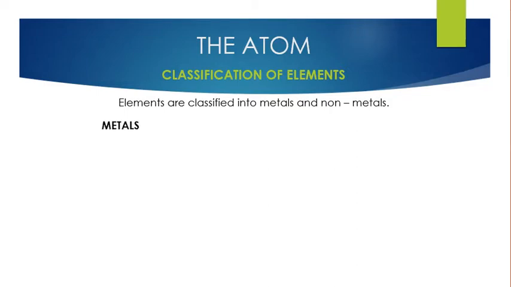So what are metals? Well, metals are elements that form positive ions. How do they form positive ions? Well, they form them by losing electrons.